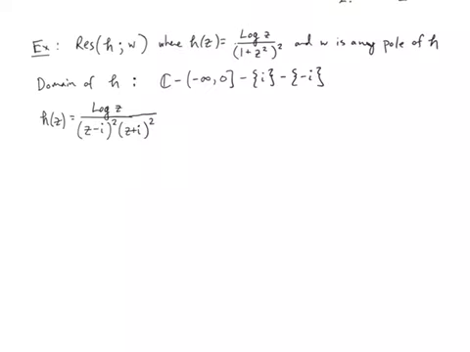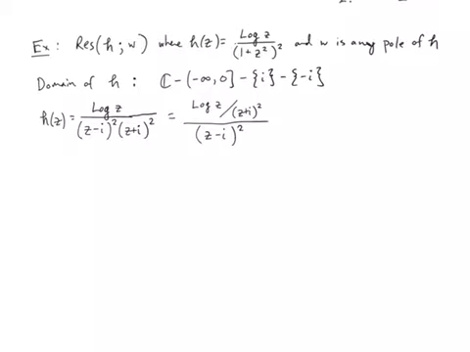So to see that I is a pole, you just have to write your function as log of z over z plus I squared, over z minus I squared. Because this numerator is an analytic function near I, right? Log of I makes sense.